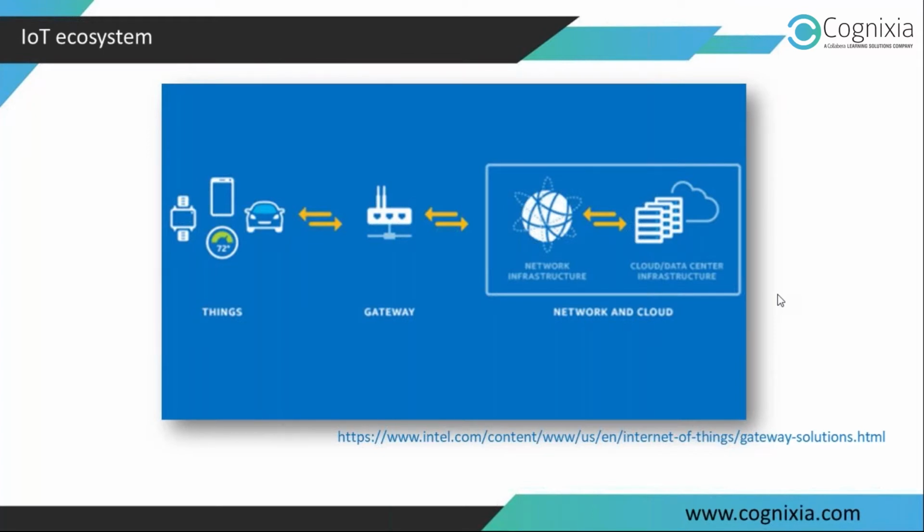So this team must have professionals from embedded domain, from networking domain, from IT domain, from cloud computing domain, from DevOps domain, from big data domain, and also machine learning and AI specialists.